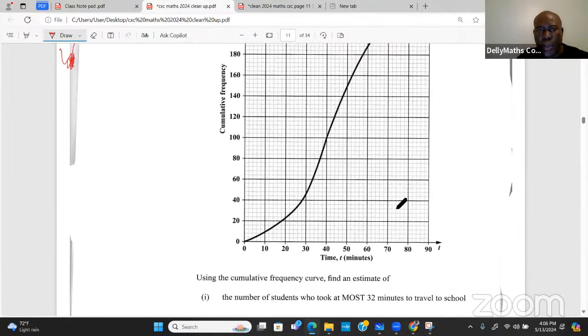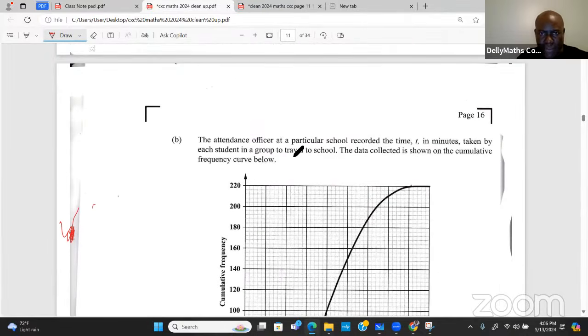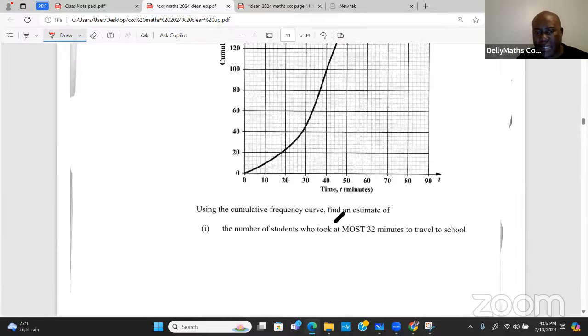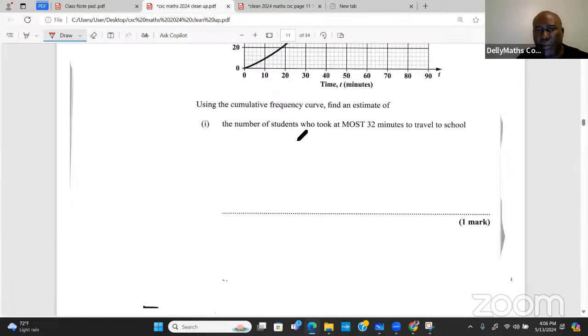So we have the number of students on that side, and then the time here. Using the cumulative frequency curve, find an estimate of the number of students who took at most 32 minutes to travel.